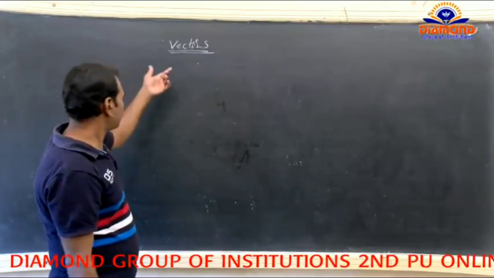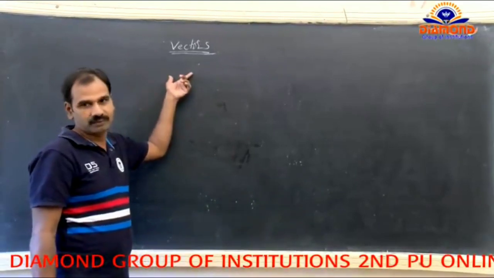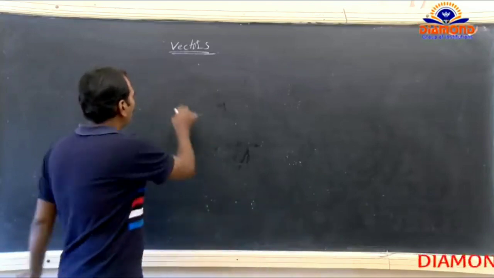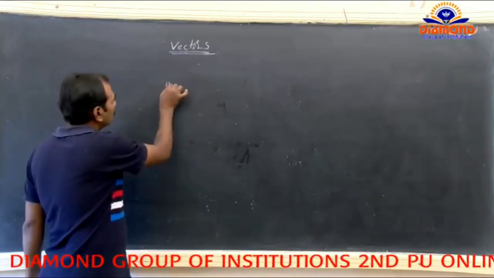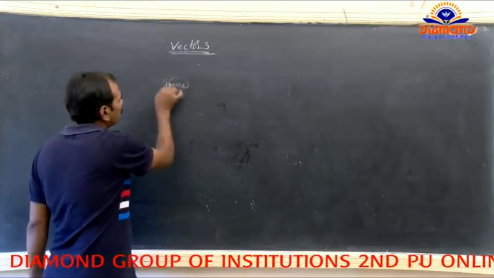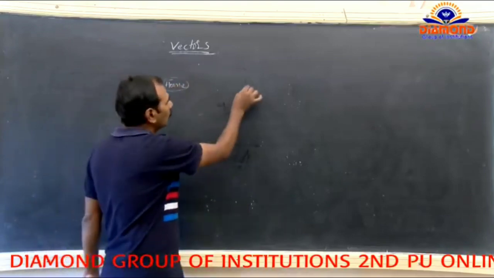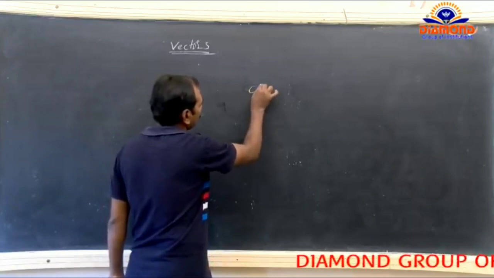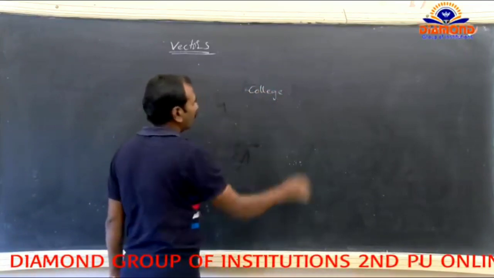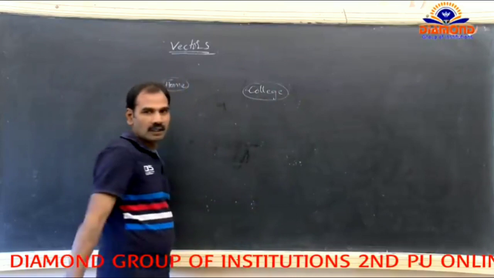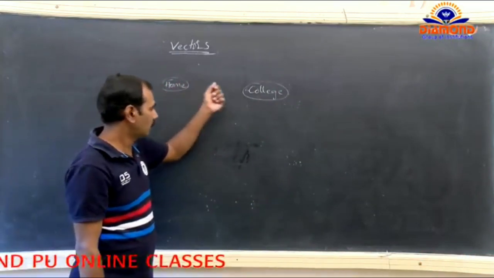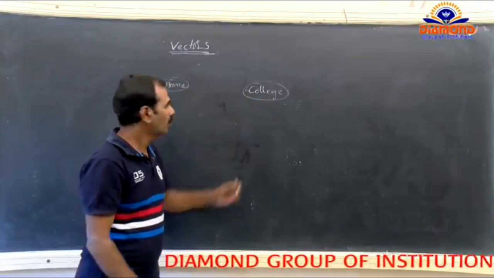Okay. So first of all, what is a vector? First we discuss this. Your home means house. Your house is here, your school or college is here. Daily you go from your home to your college.